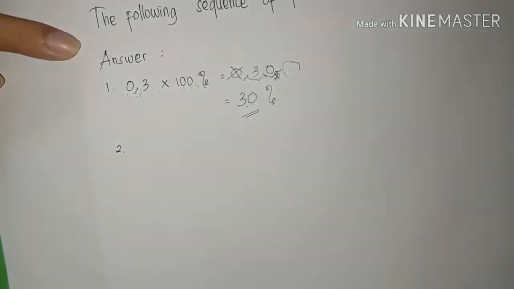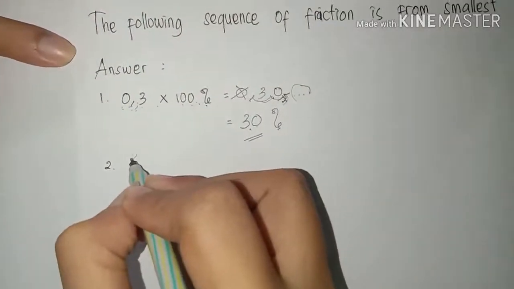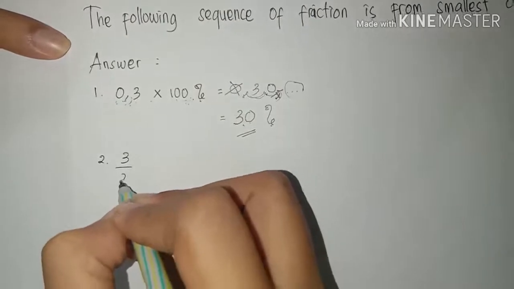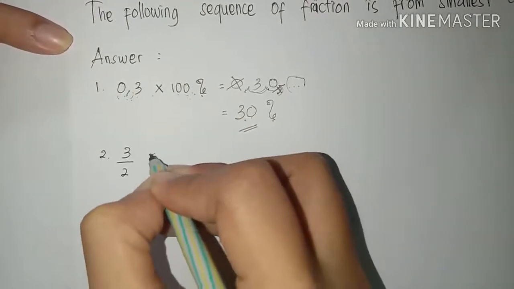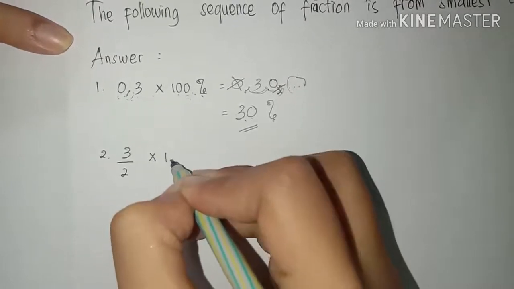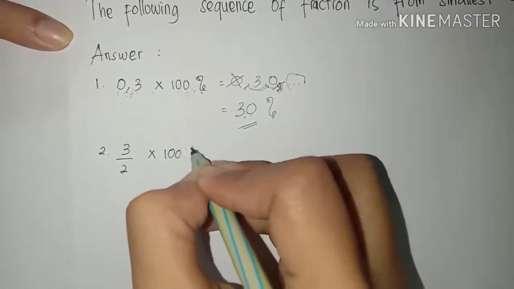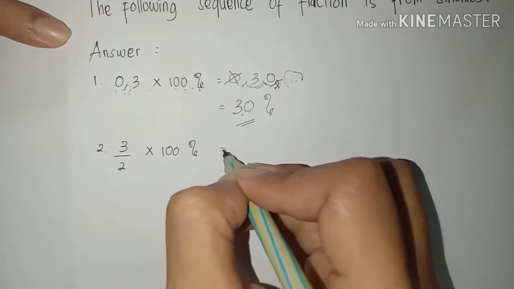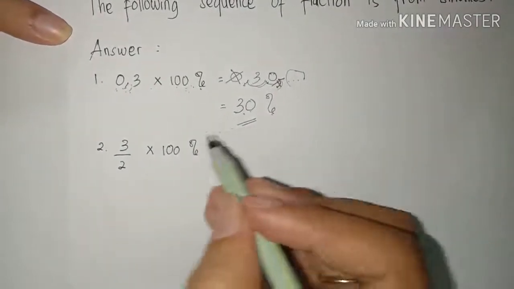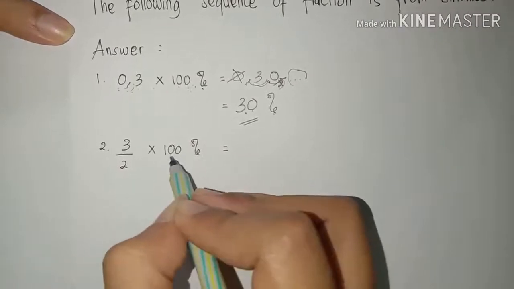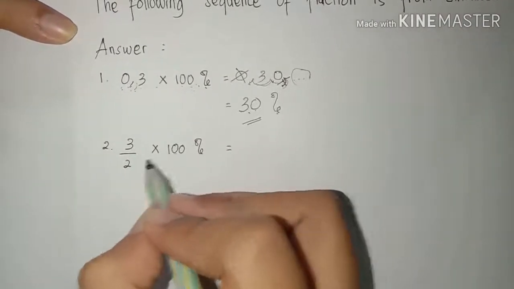The second pattern is 3 of 2. How do we change it become percent? Times 100%. So how do we count it? We can divide 100 with 2.